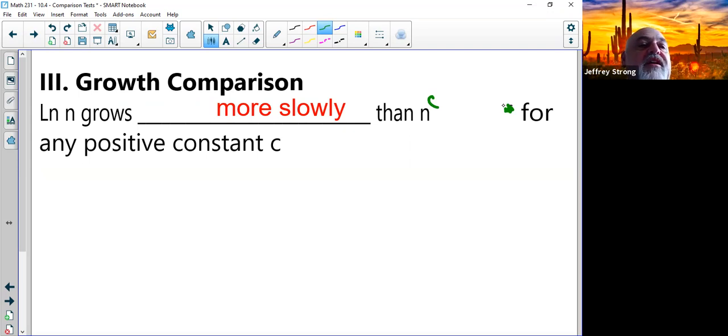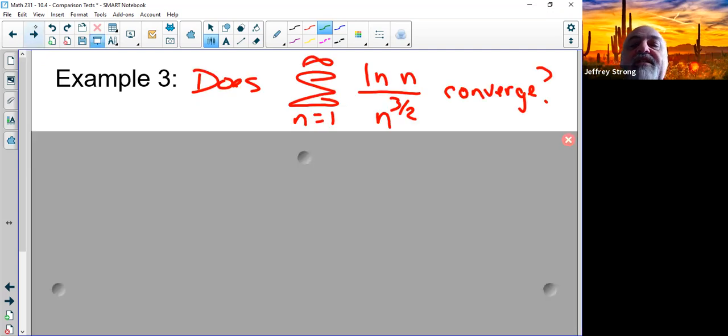So when we're talking about comparison, we want to know, does this series converge or does it diverge?